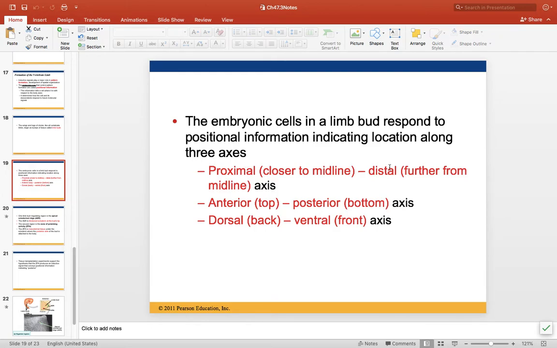Proximal versus distal: proximal means closer to the midline, whereas distal means further away from the midline. For example, your shoulder is more proximal compared to your wrist, which is more distal. Anterior means the top, like your head. Posterior would be your bottom. Dorsal would be on your back. Ventral would be on the front.